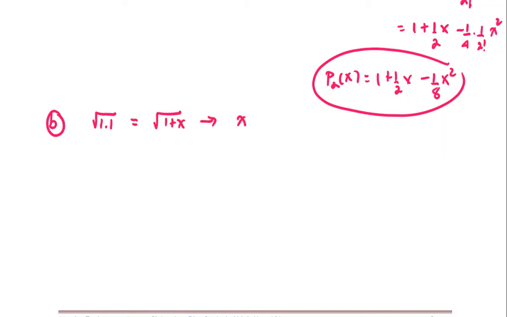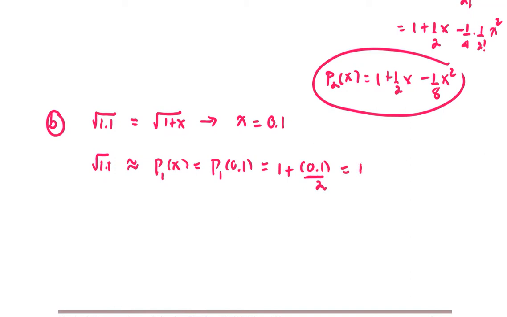Therefore, the x that we are going to use is 0.1. Therefore, square root of 1.1 is approximately equal to, using P1 at 0.1, the value from 1 plus 0.1 divided by 2, which gives 1.05.